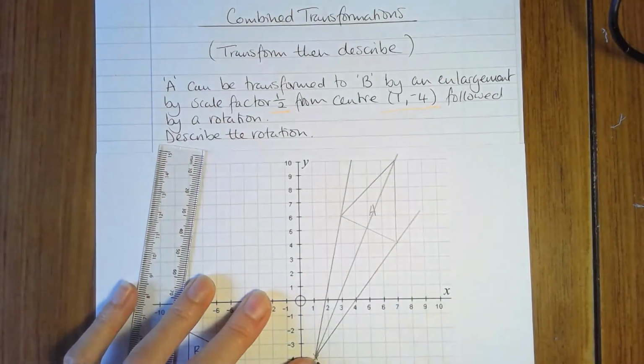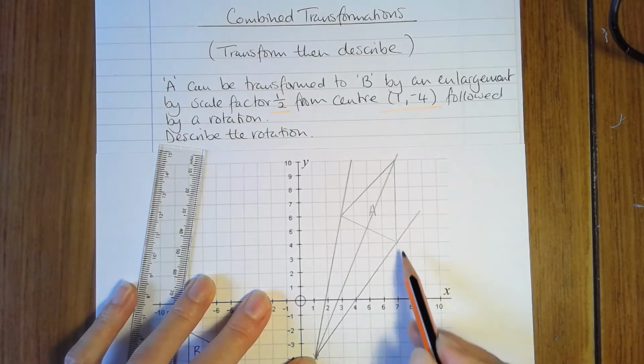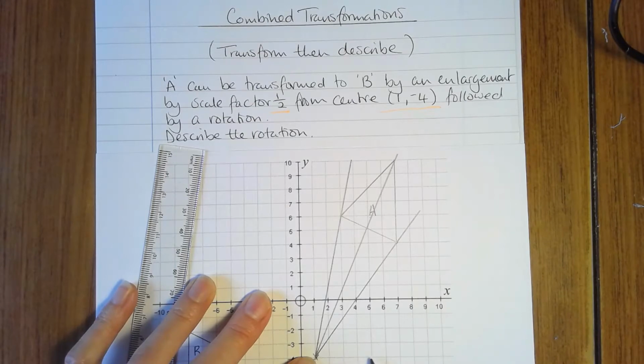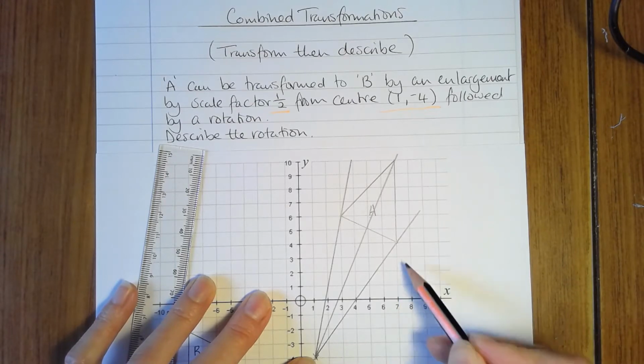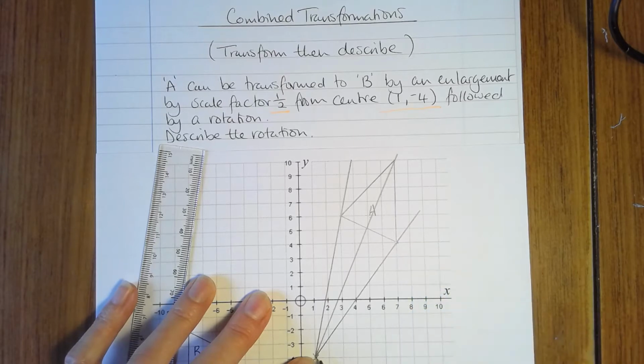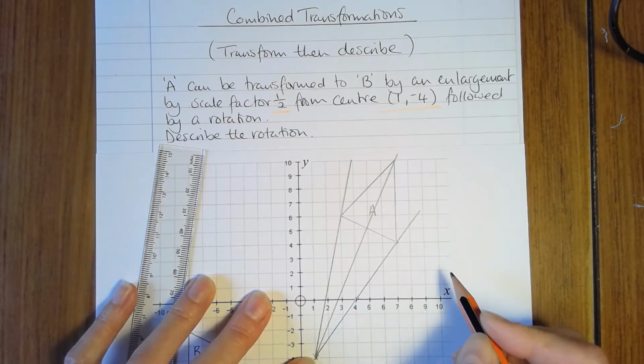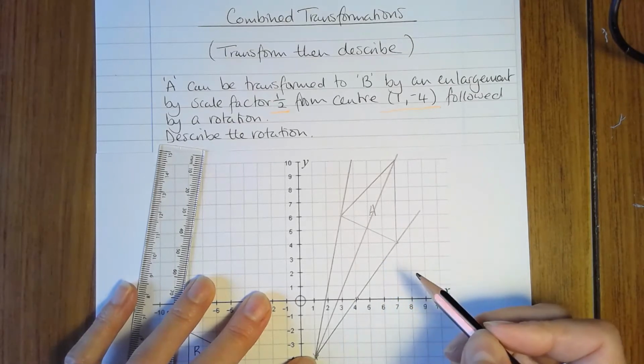Now, if we count squares across and up, we can halve the number of squares. So here I have 6 squares across and 8 squares up, and that becomes 3 squares across and 4 squares up, and that lies on the grid line, so I'm very happy with that because that means I can be confident it's correct.